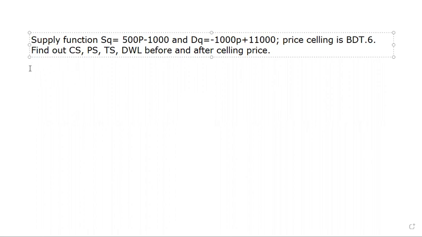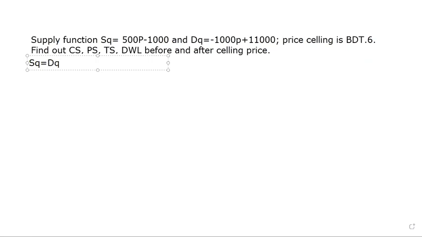First of all, we have to find the equilibrium situation. To do that, we set the supply quantity equal to the demand quantity.